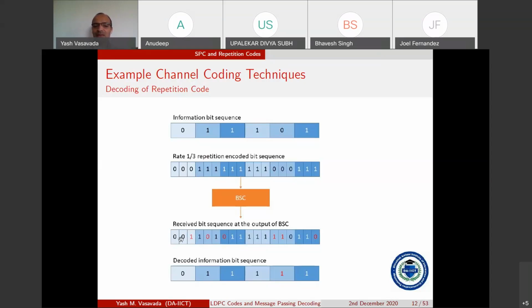I can say that most likely the transmitted bit must have been 0, because only then will these first two bits have very high probability of turning up as zeros. So basically the probabilities of these individual encoded bits are highly informative. They tell you a lot about what the actual bit sequence could have been.